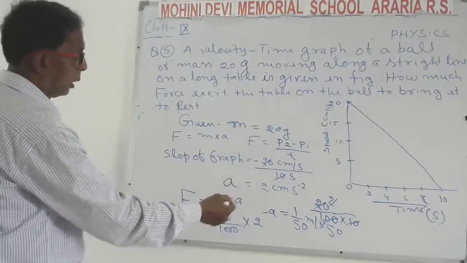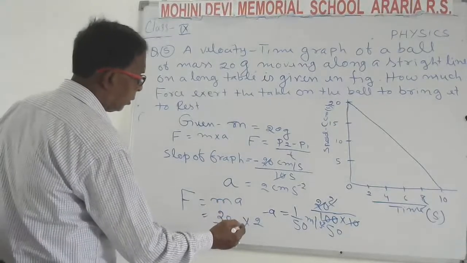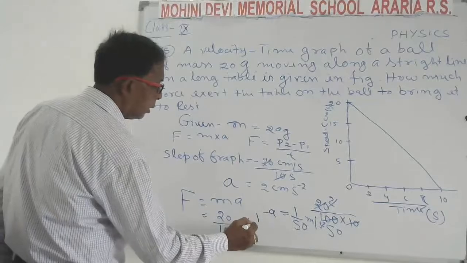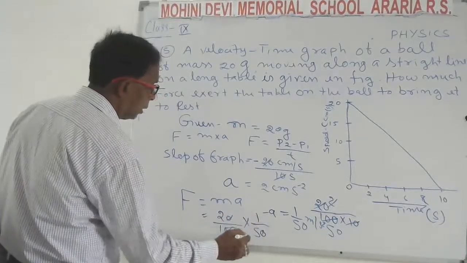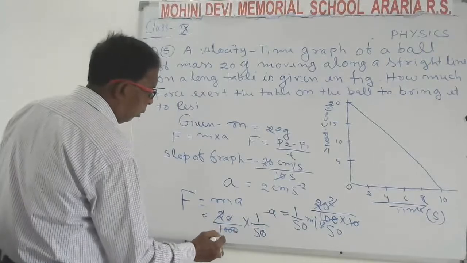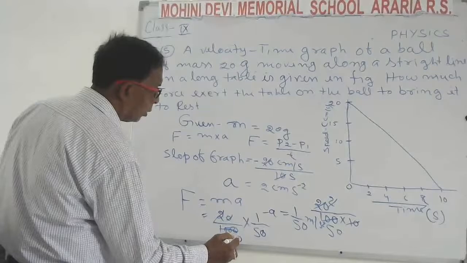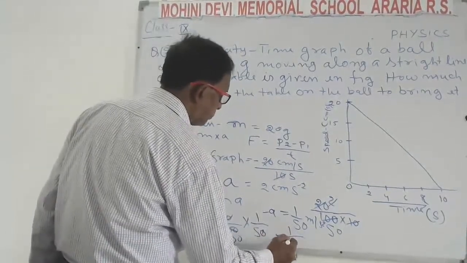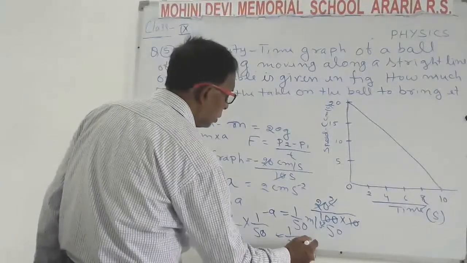The acceleration is 1 by 50 meter per second square. Therefore, the zeros cancel.